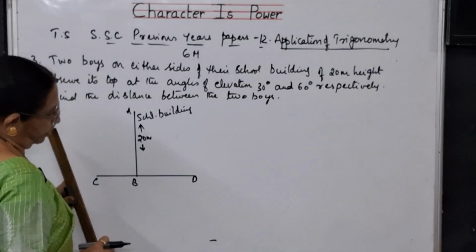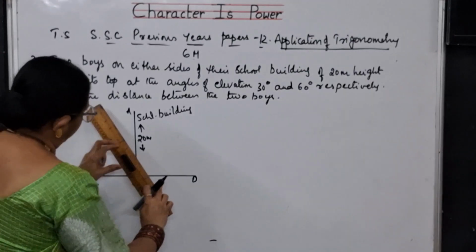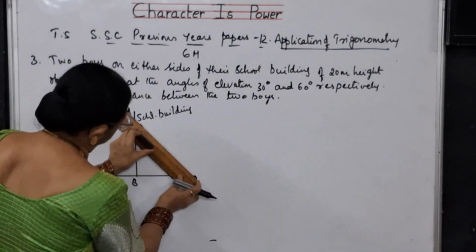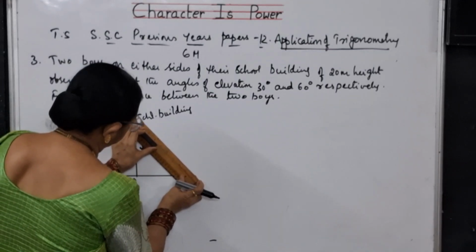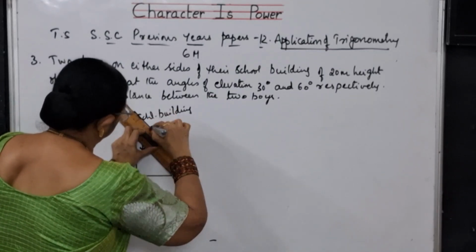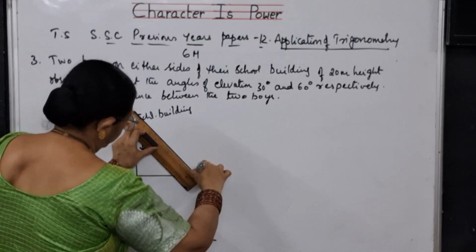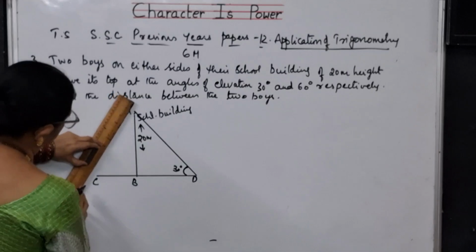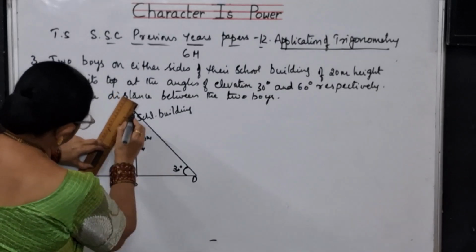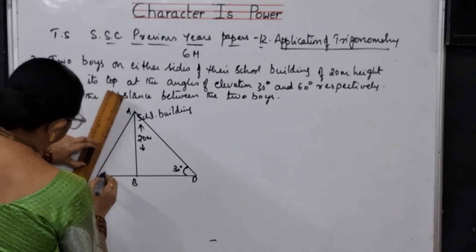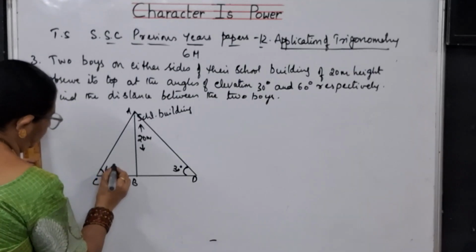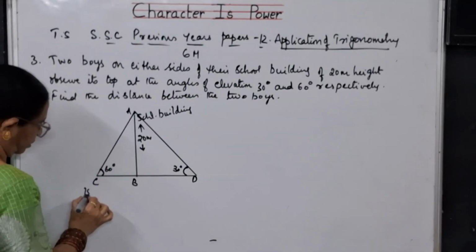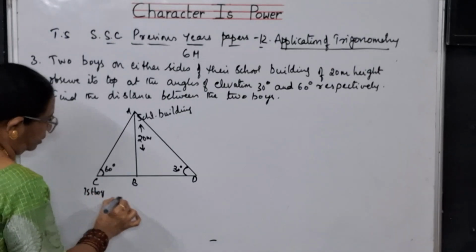These two people see the angles of elevation of the top as 30 degrees and 60 degrees.